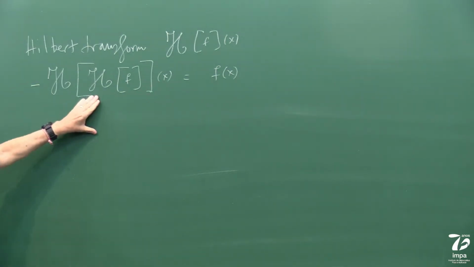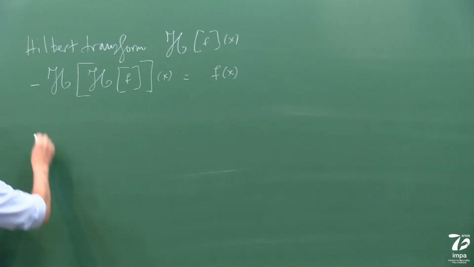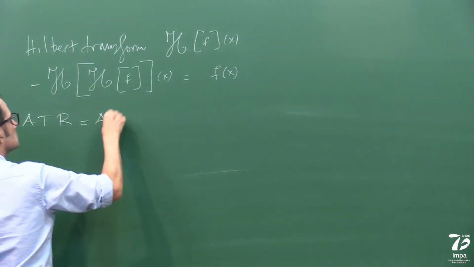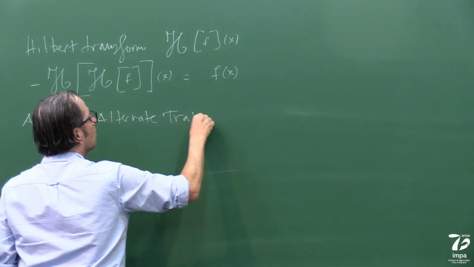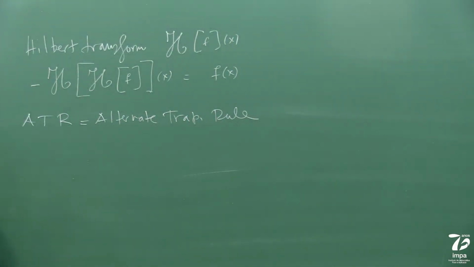So let us review things we know about the alternate trapezoidal rule. So now I'm going to mention the alternate trapezoidal rule, okay, from the paper of Sidi and Israeli. I'm not going to show the proof of Sidi and Israeli, but I'm going to mention ingredients that I mentioned very quickly.